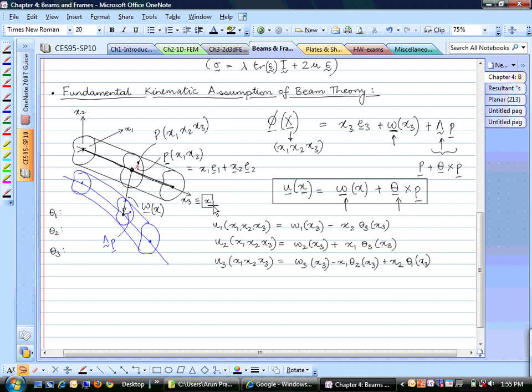Theta 3 is going to be pointing along the axis. Again, this is the cross section, this is the 3 axis, and theta 3 is twist or torsion. Any point that is in this plane is going to rotate in the plane of this cross section, and that's why we have displacement in the one direction equal to x2 times theta 3. Similar relationship in the two direction. If you give me a point, where does it go in the two direction? And this 3 direction is how much is the axial plus twist.